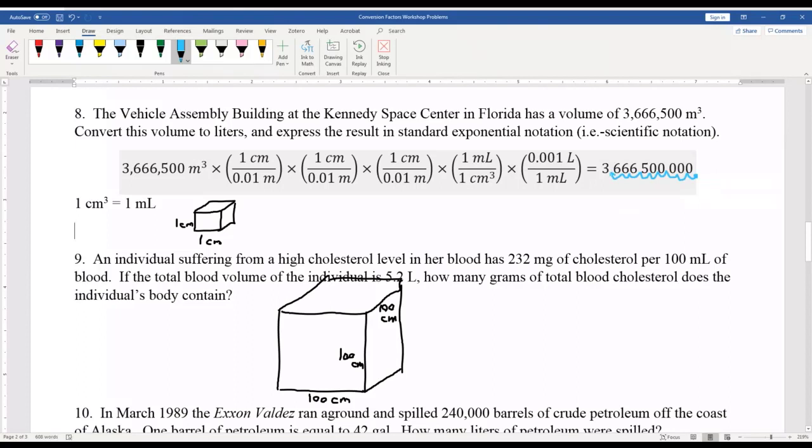So 9 decimal places it has to be shifted over. So this is actually going to end up being 3.6665 times 10 to the 9th liters. Does that make sense?